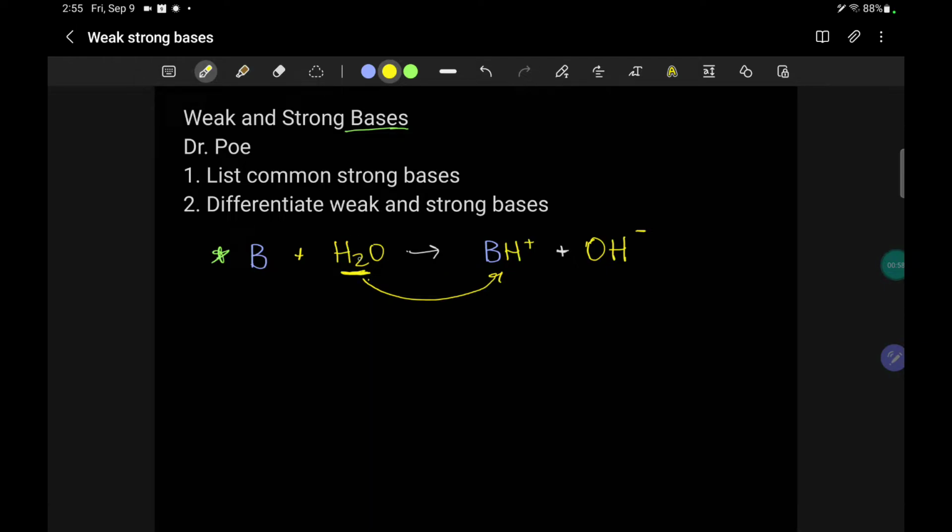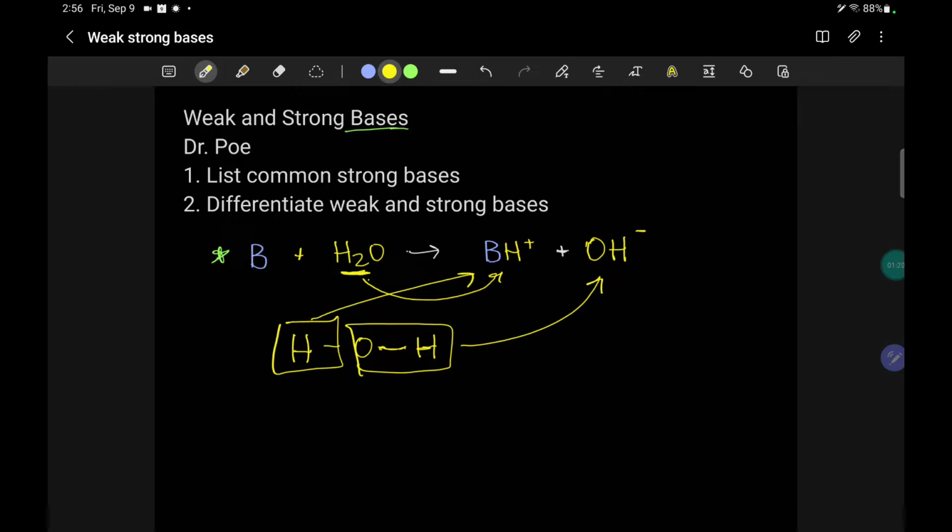And then the other part that's left after this, so when we take H2O, I'm just going to draw it out real quick, which looks something like this. This is not the actual structure. This is just so you can see what's bonded to what. This part comes off, OH is left. So that part's going to go there, this part goes there. The plus and the minus cancel out.